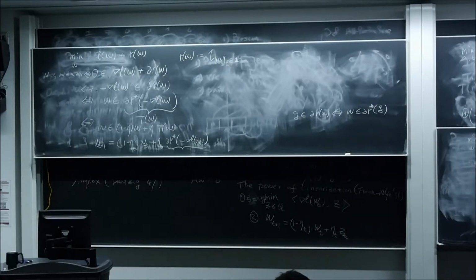Because I linearize things, maybe I might have equality here. Just plug in the iteration. So this is going to be L of W_t plus eta_t of (Z_t minus W_t), plus R of W_t plus eta_t of (Z_t minus W_t).